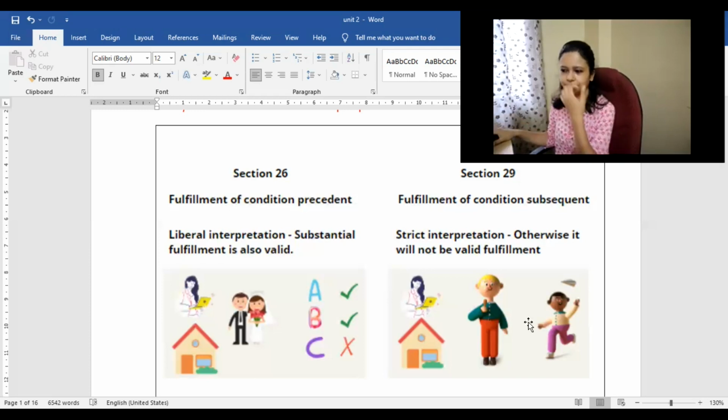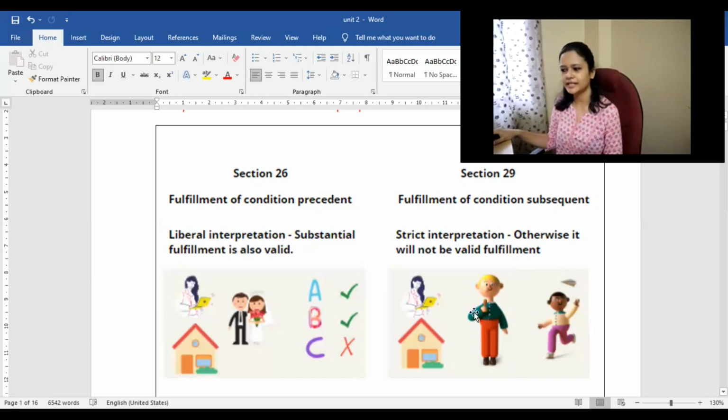Okay. For example, the same person said that, okay, I have this property with me. What I can do is I can transfer this property to you. All right, I'm transferring this property to you, but there is one condition subsequent: even if I'm transferring the property to you now, there is one condition that you subsequently need to fulfill in order to retain possession of this property.